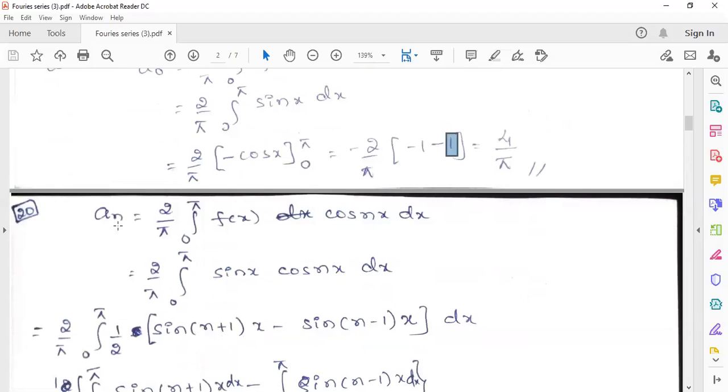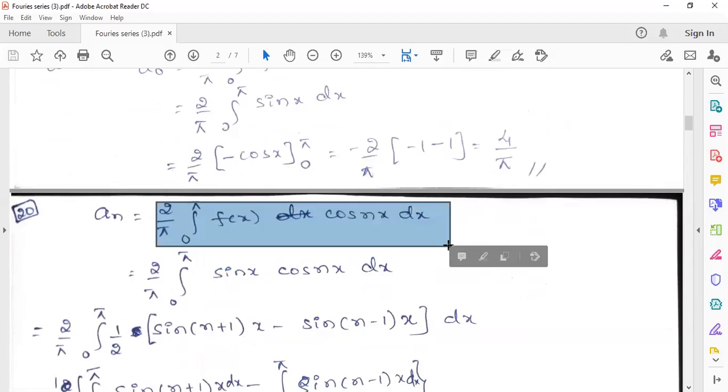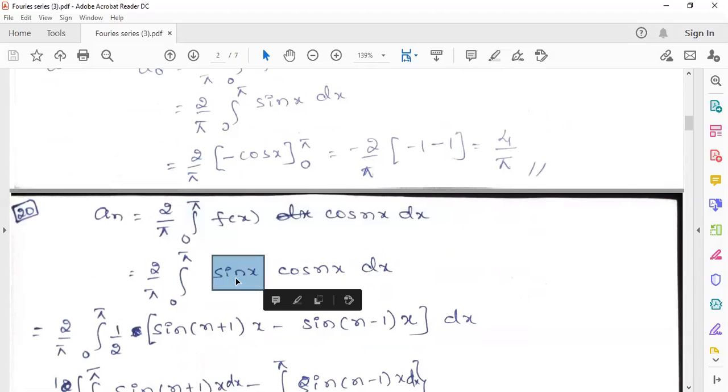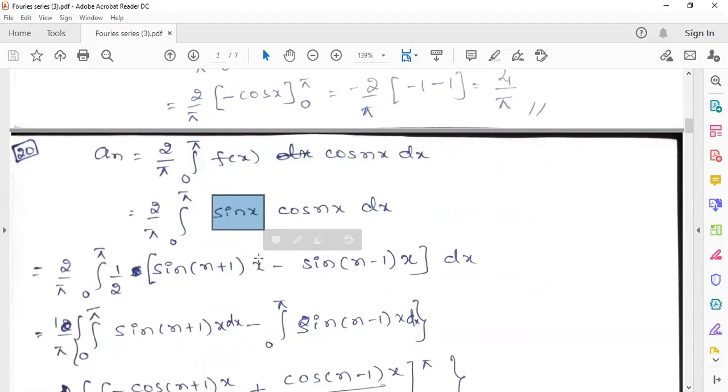Next, we have to find out an, which will be given by 2 by pi into integral over 0 to pi f of x cos nx dx. Once again, in the interval 0 to pi, f of x will be sin x. So sin x into cos nx means you have to use sin a cos b.